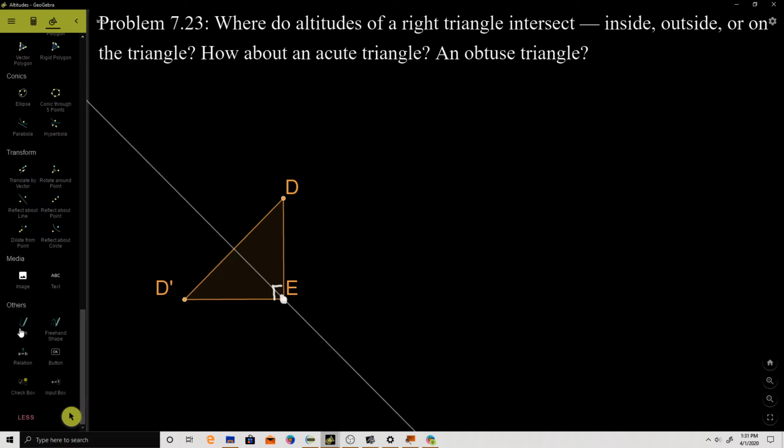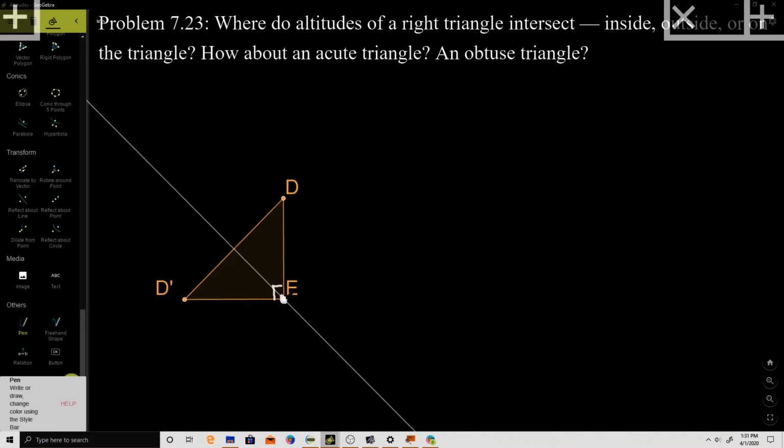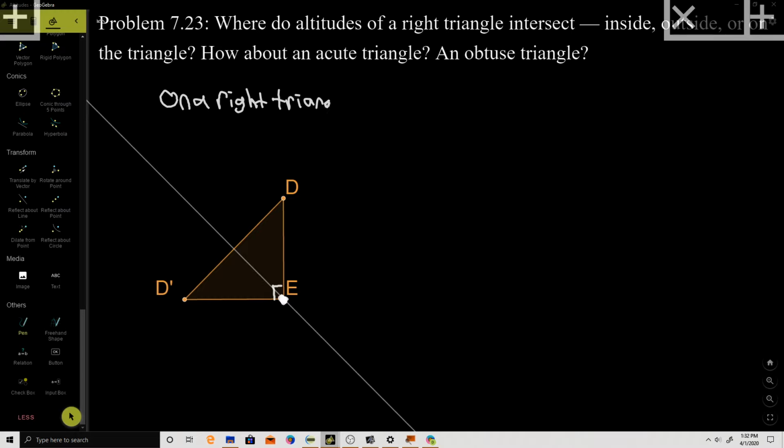So on a right triangle, oh, that's terrible. Oh my gosh, I can't even work with that. Okay.